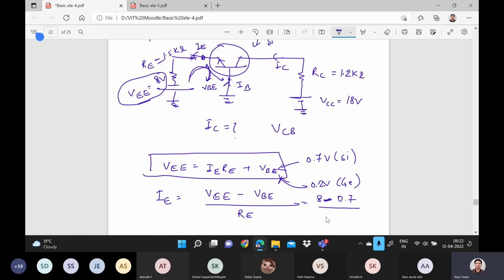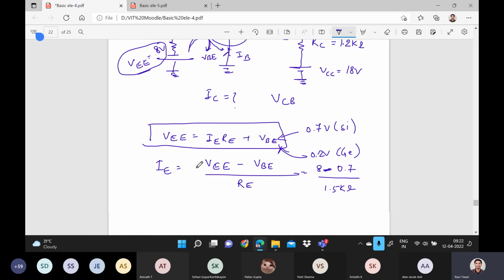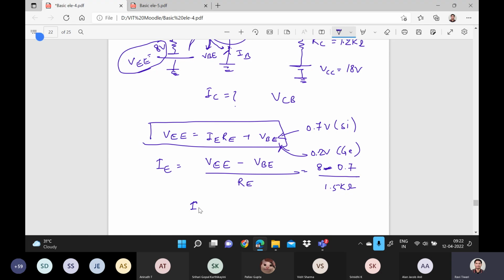And RE value is what? 1.5 kilo ohms. So what value of IE will you get? 4.86 milliamps. Okay, so this is the value of IE.